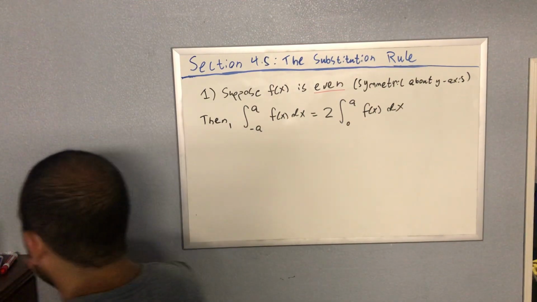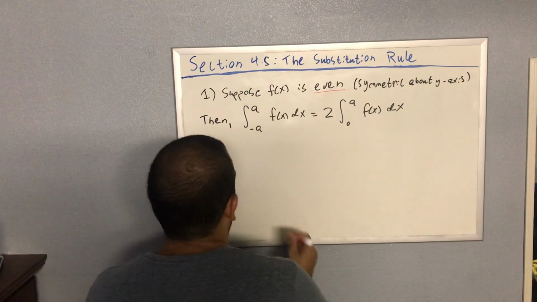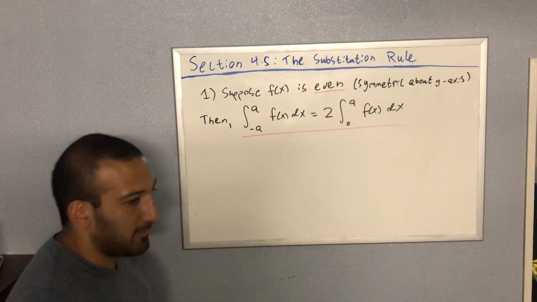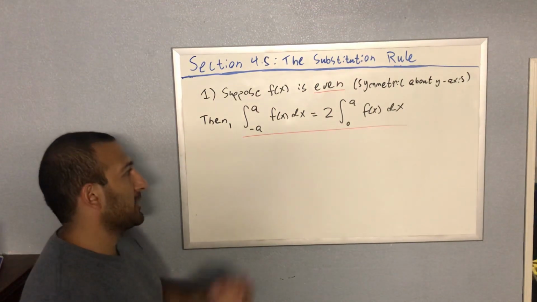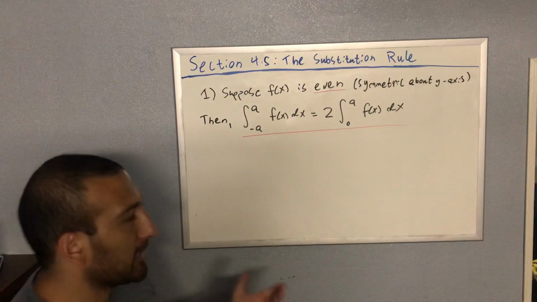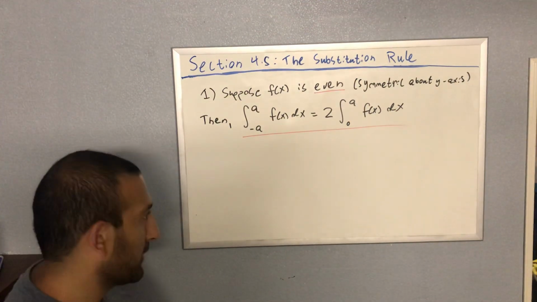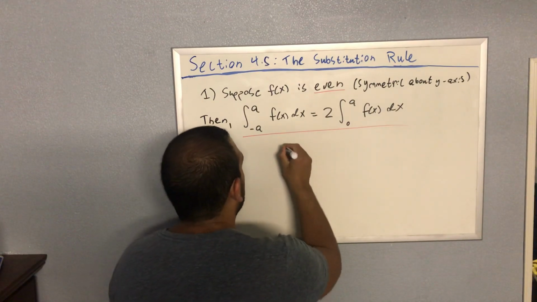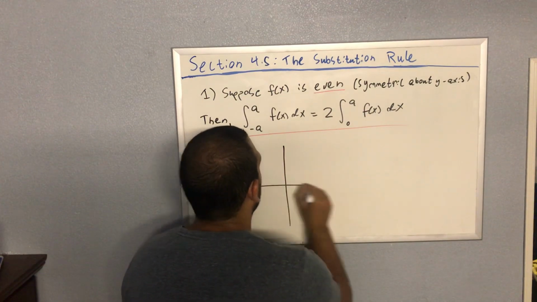This is the key property here that we need to look at. And again, a lot of math is just understanding the symbols. This looks super intimidating at first, but if you think about what it's telling you, it's very crystal clear what's going on. So another example of an even function is cosine.